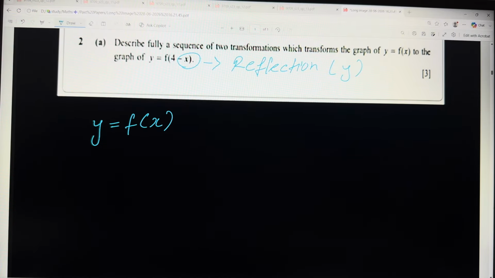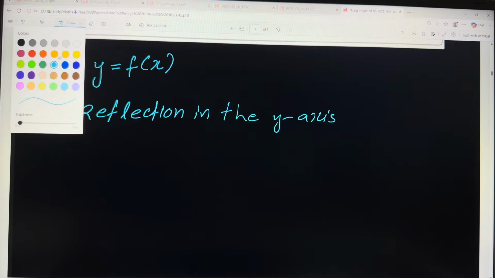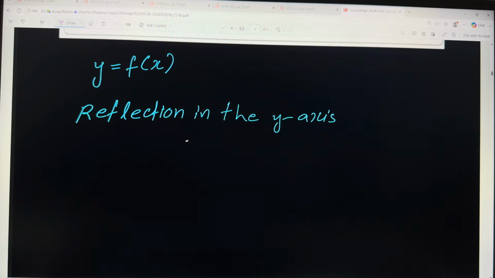If you write reflection in the y-axis, that just does this: f(-x).